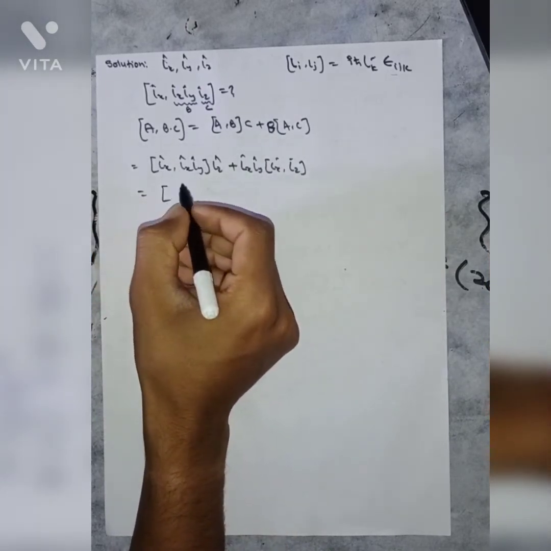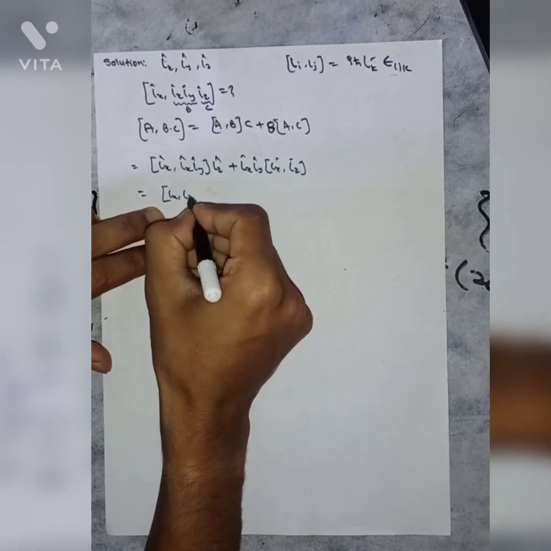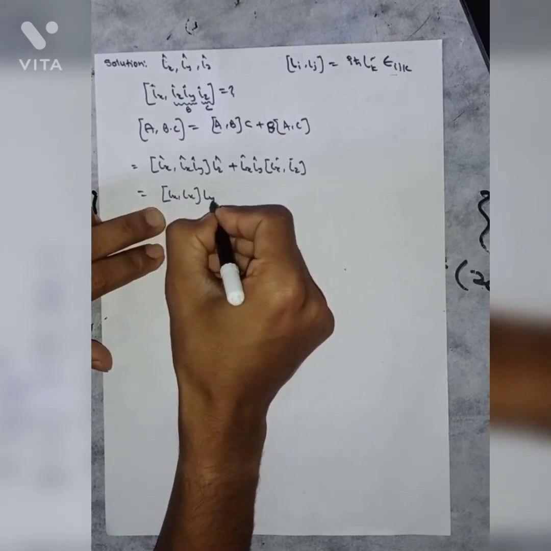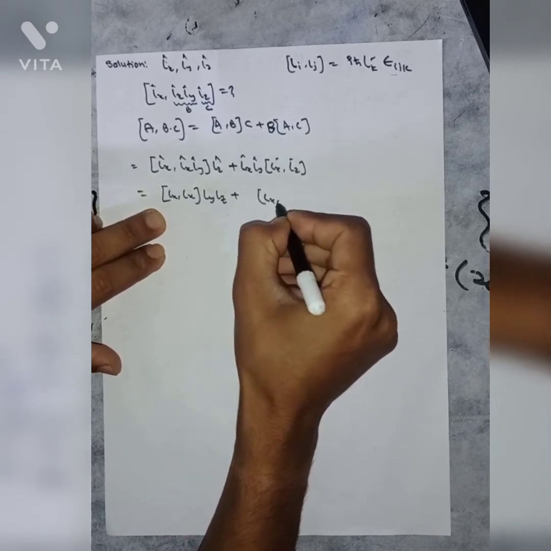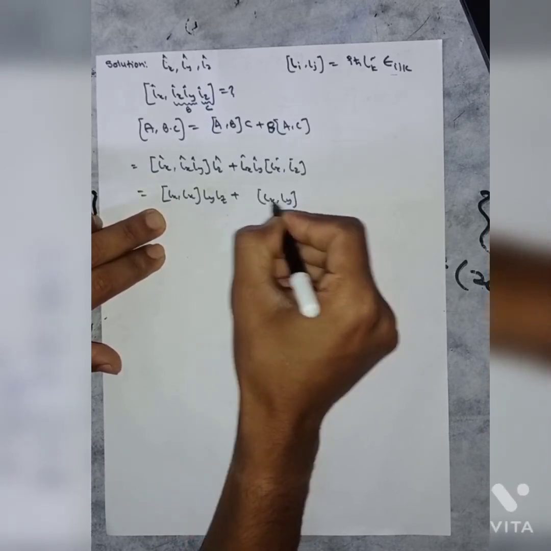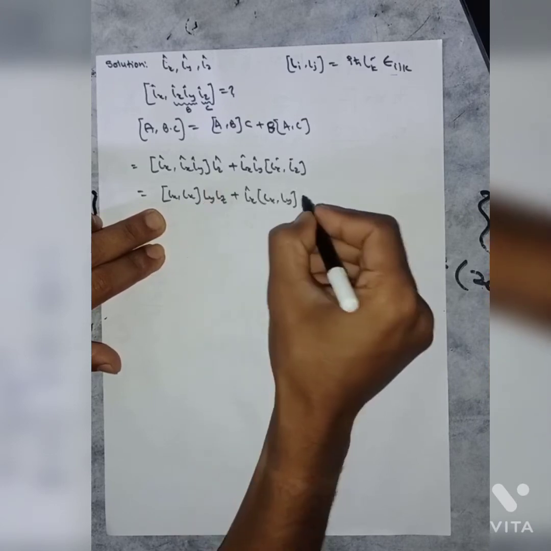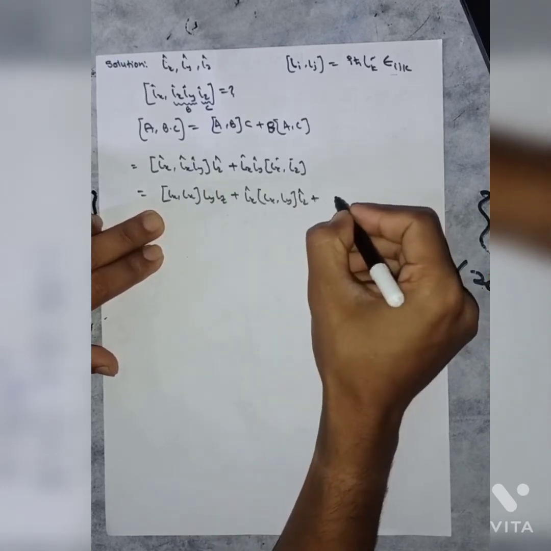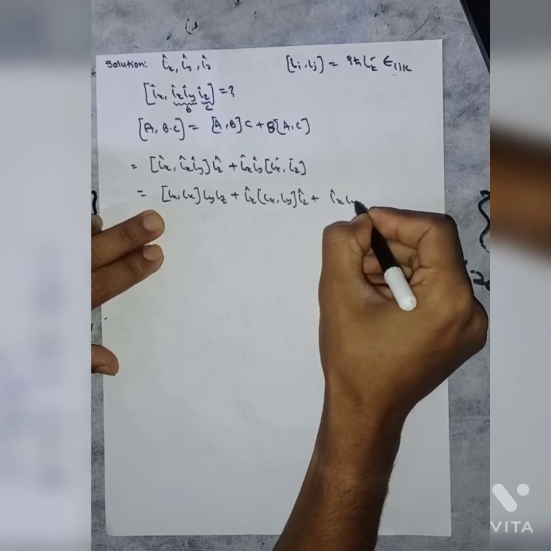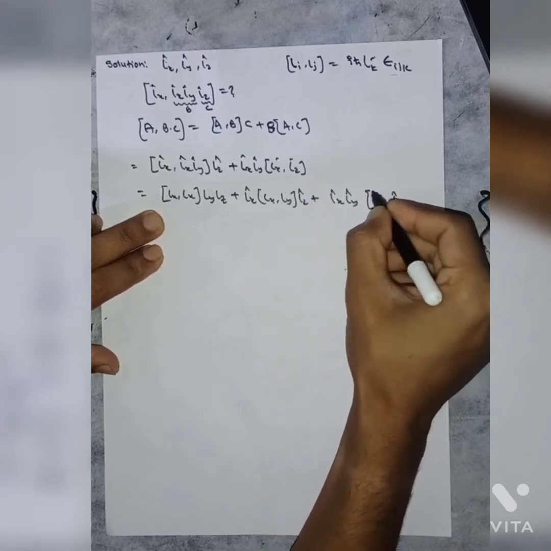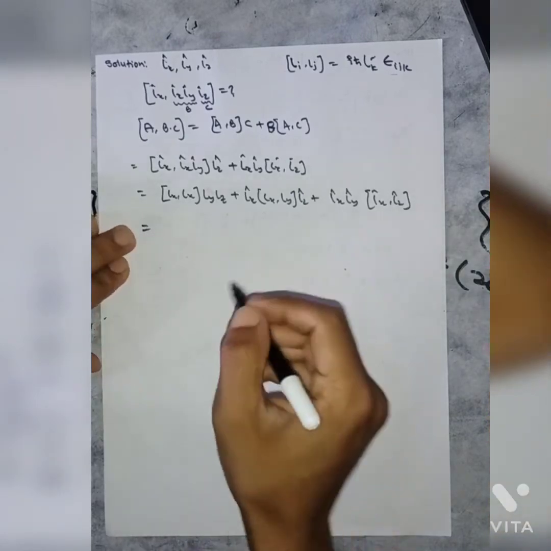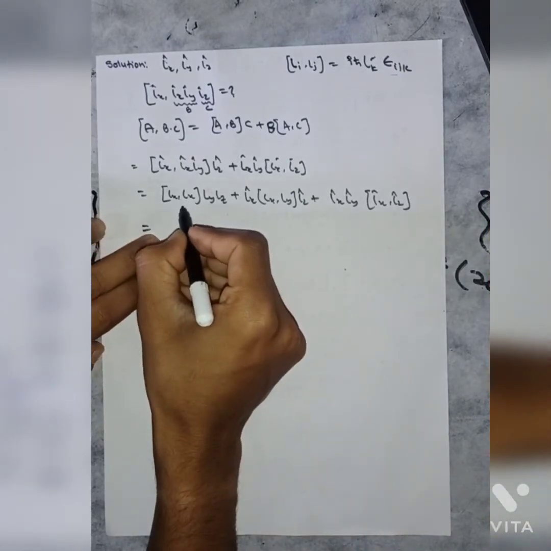Again, same concept, Lx with Lx outside Ly and Lz plus Lx with Ly, Lx, and this Lz will be left here, then Lx, Ly, and then Lx, Lz. Okay. Now Lx with Lx will come out to be 0.